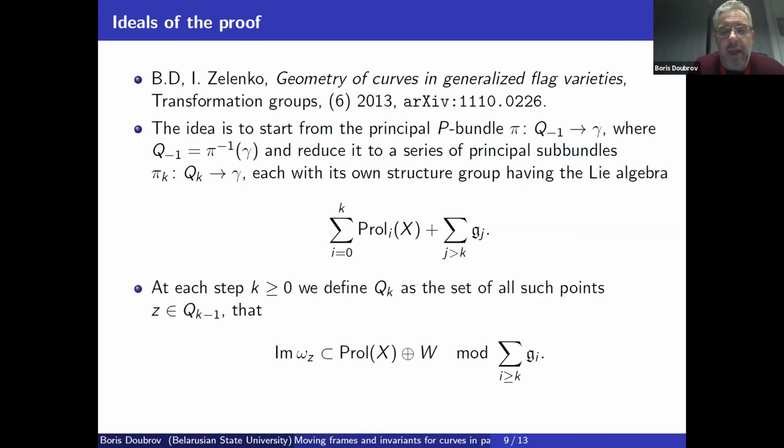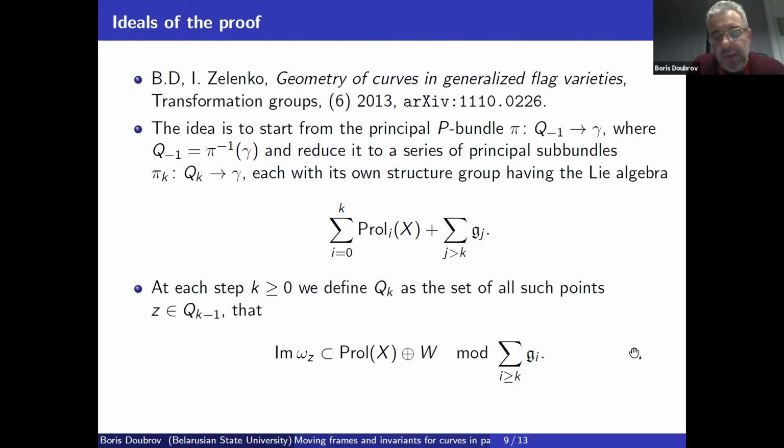And at each step, again, we kind of guessed what happens. We define QK as the set of all such points in QK-1 such that the image of our omega restricted to QK-1 takes values in what we need, in the prolongation of X plus W, modulo all elements of degree K and higher.